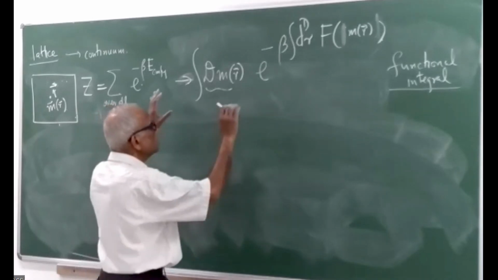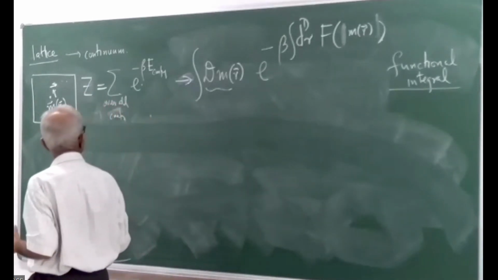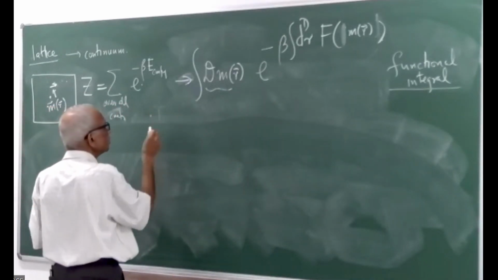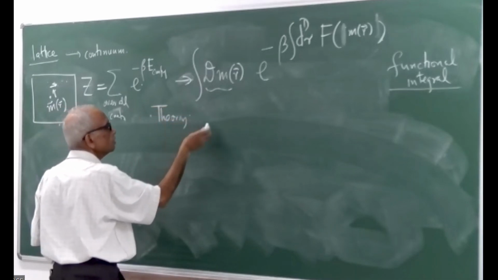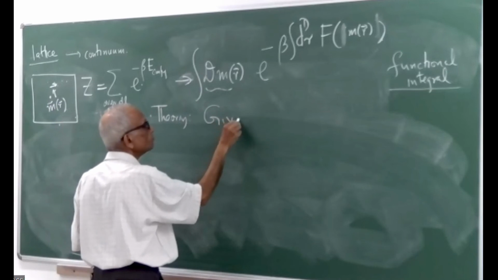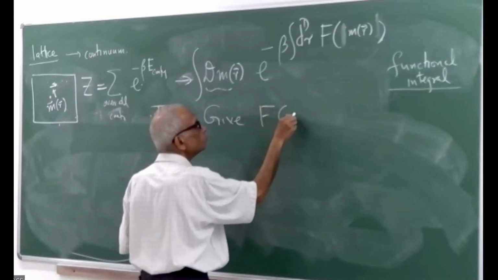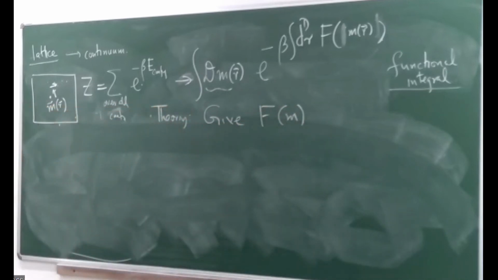So we are reduced to this situation: what will the theory do? The task of the theory is to give f of m. That is the model building part of the theory.